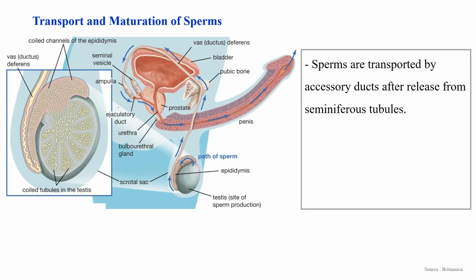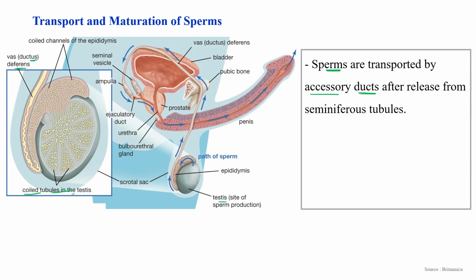Sperms are generated in the seminiferous tubules, right? And these sperms are further transported via various accessory ducts, which we already discussed in the last lecture. These are the seminiferous tubules. They contain sperm, which passes through the vasa efferentia, epididymis, and vas deferens.